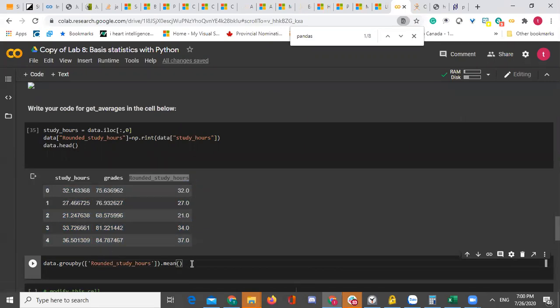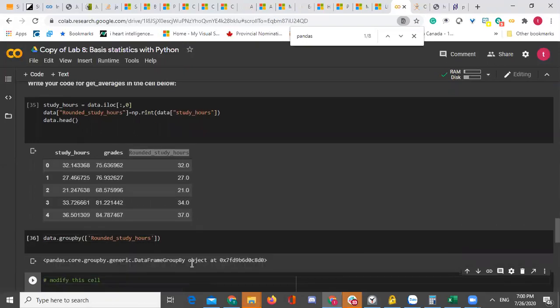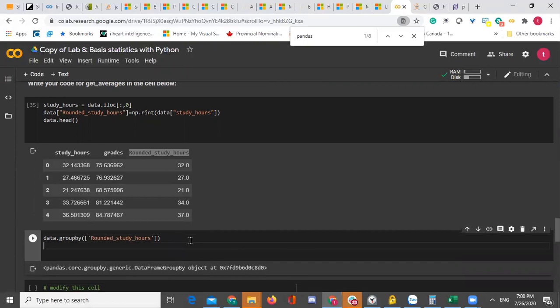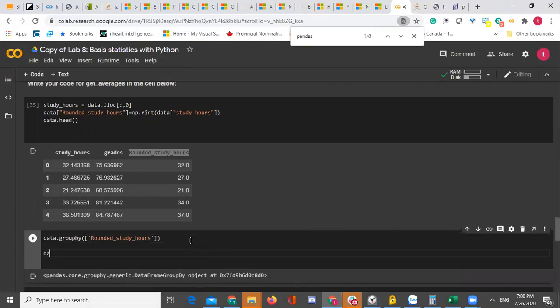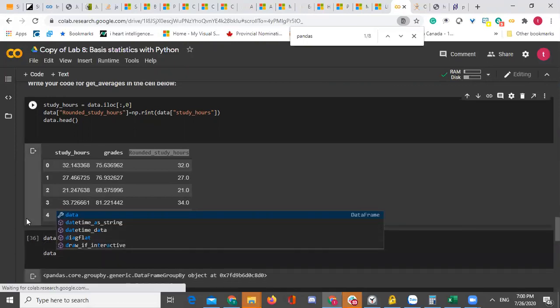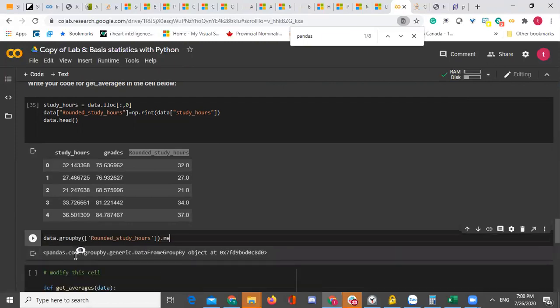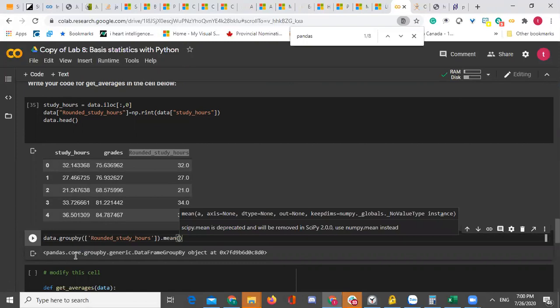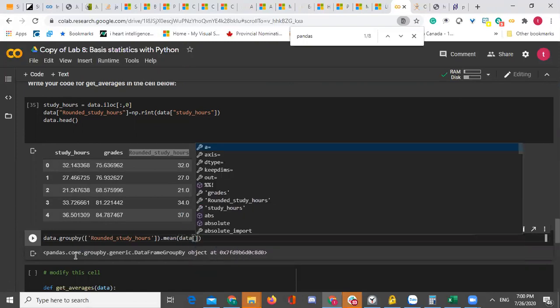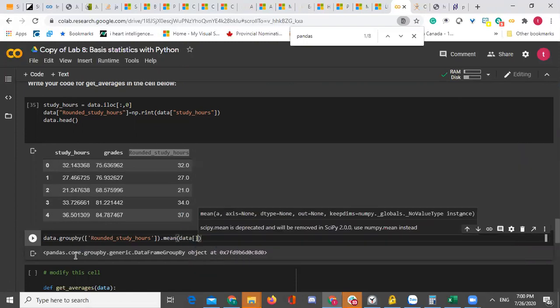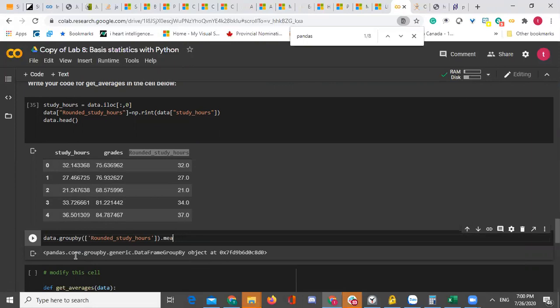Before, okay. It won't do anything. You should add a column. Which column do you want the mean of? Go back on the same line. Before you add the method mean, before the dot mean, add the column you want to get the mean of.